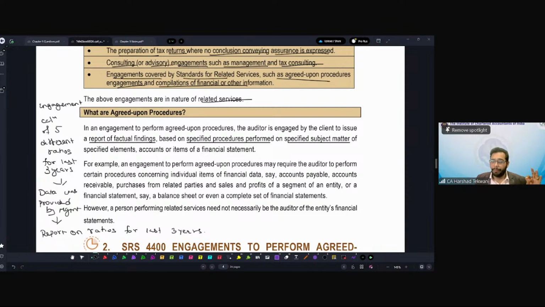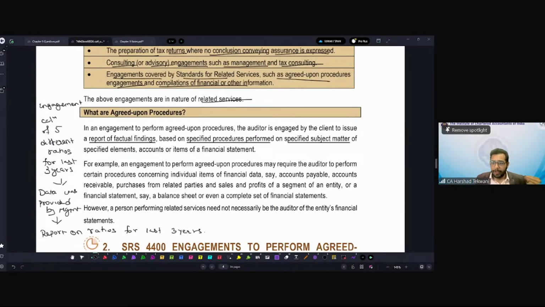Am I performing any such procedures? No. I am not comparing the outcome of the ratios with any subject matter or any criteria. Like, for example, current asset ratio 2:1.